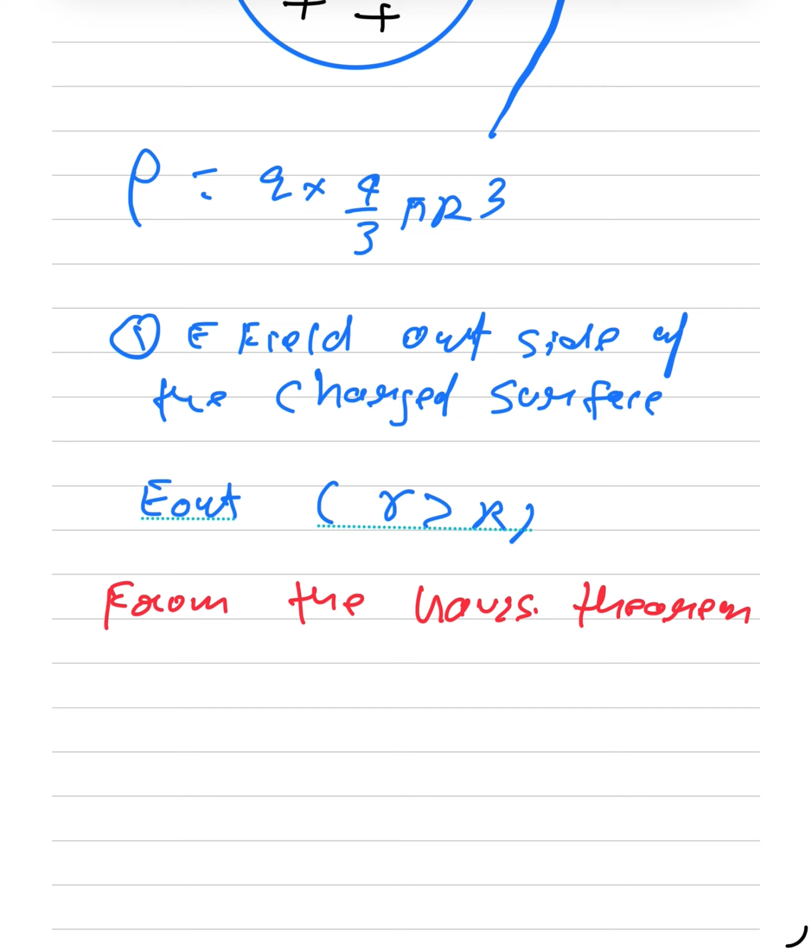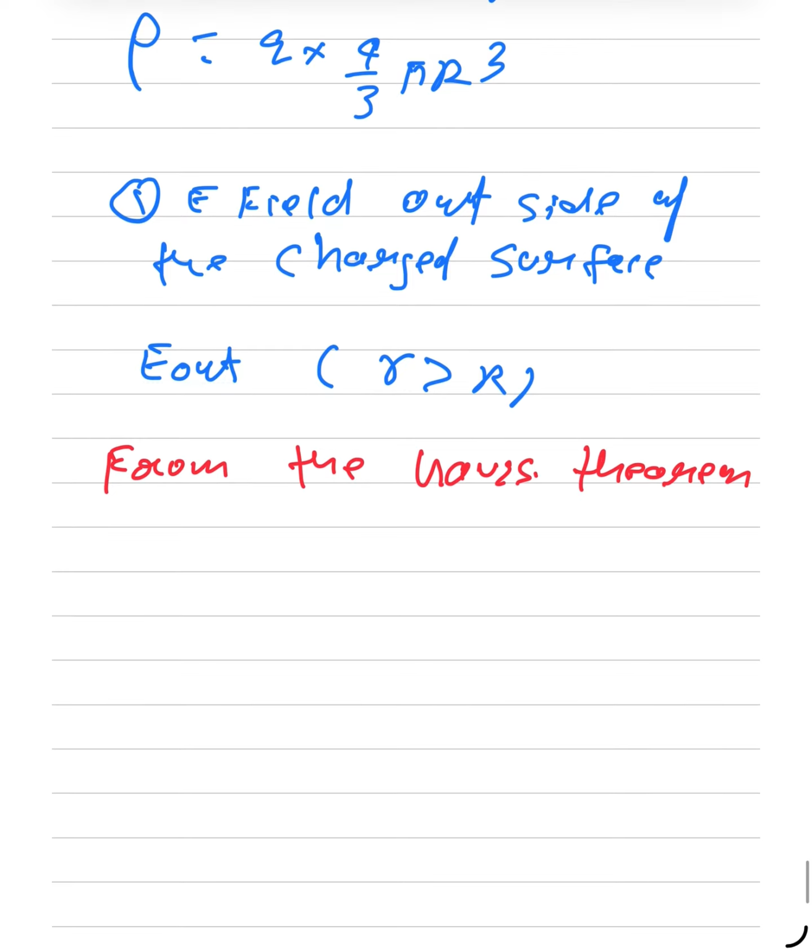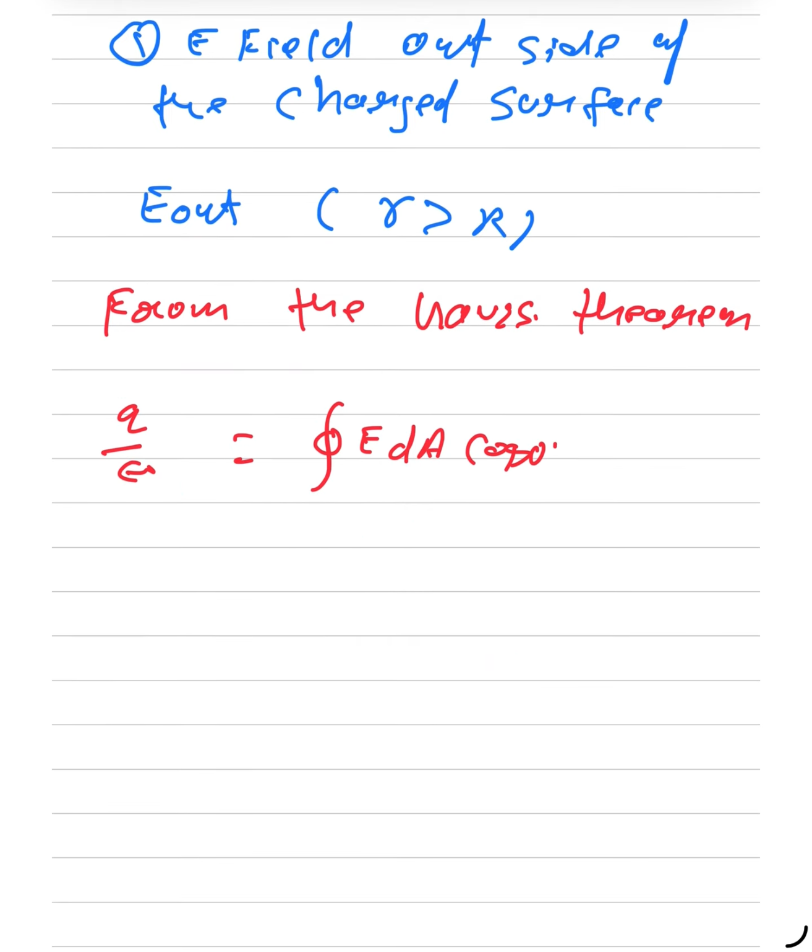From Gauss's theorem, electric flux means Q divided by epsilon naught equals the integration of E dA cos 0, because the charge is positive and the direction of the electric field and the area vector both act along the same direction. So Q divided by epsilon naught equals E out times the integration of dA.